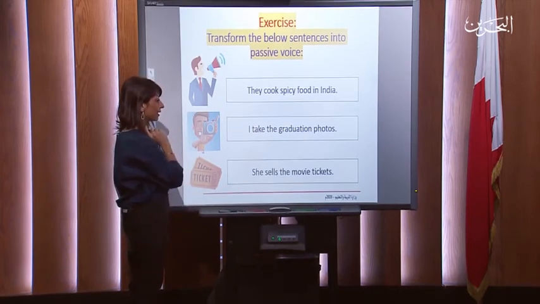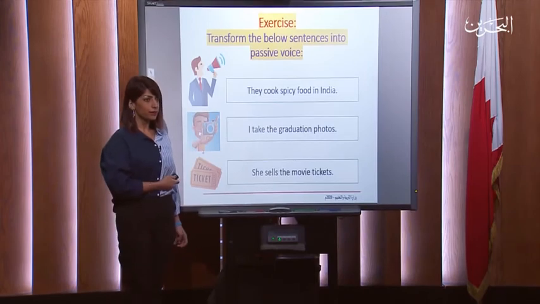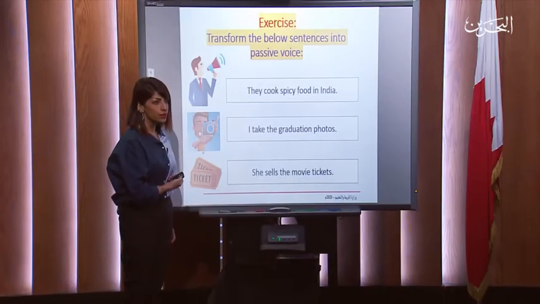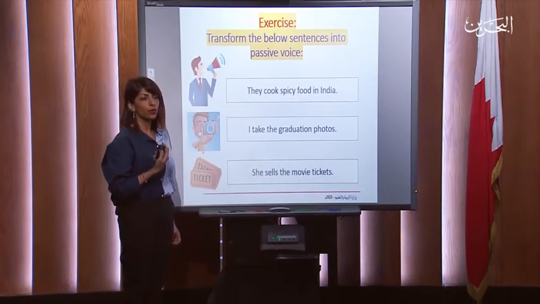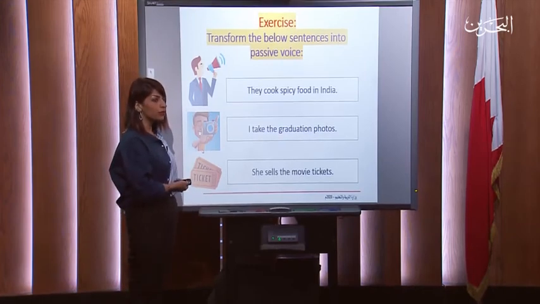Let's move to the second one. I take the graduation photos. The graduation photos is the object here. So I bring it to the beginning, and let's be careful. It's graduation photos, which means it's plural. It's more than one. In this case, I have to use are. Graduation photos are taken.